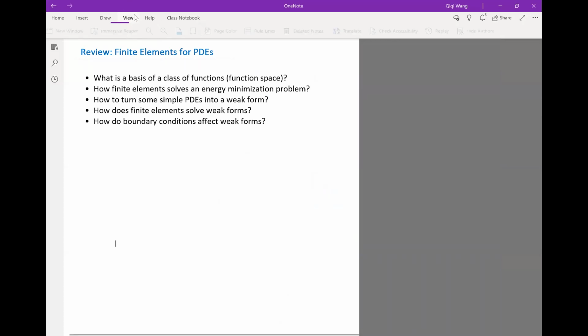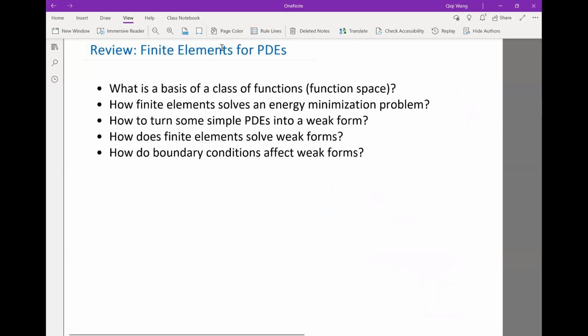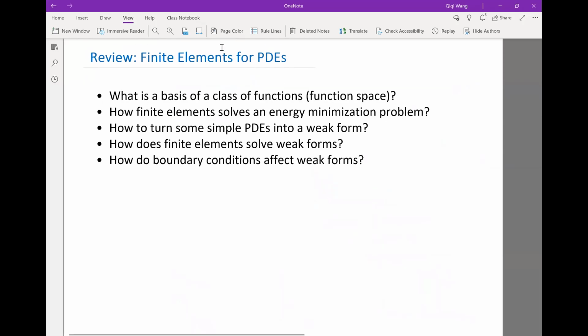Finally, we have finite elements. In finite elements, the basic thing is that we are solving a problem where the solution is a function, and to make that simpler, we want to restrict the solution into a subset of possible functions. That subset is called a function space.